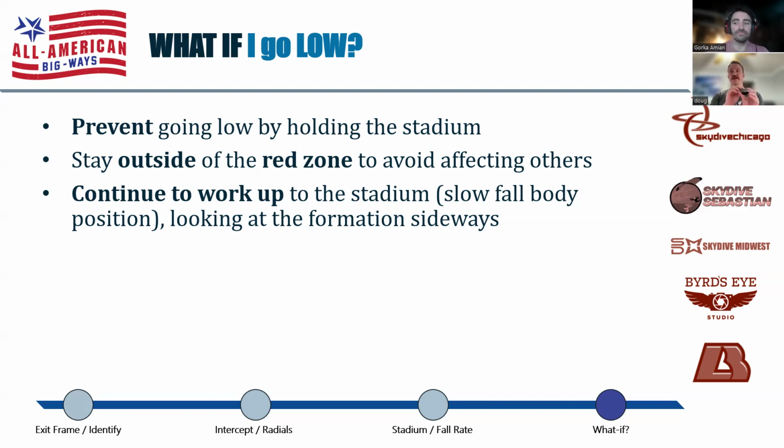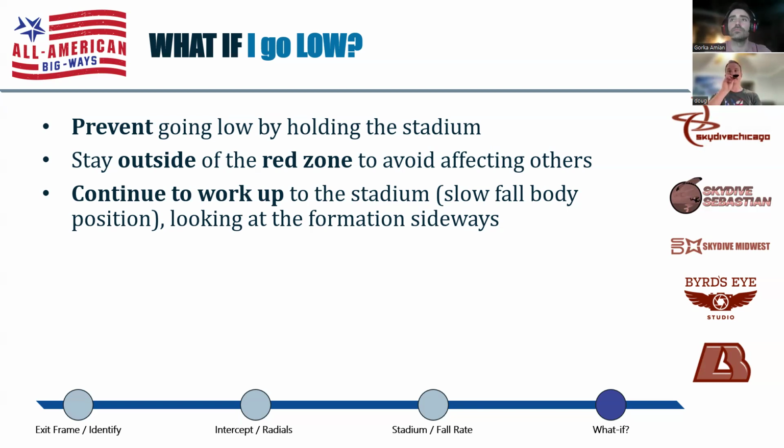So imagine that the camera is the base, and this remote that I have is the person. What we mean by sideways is like 90 degrees to the formation, because this is somebody's body. If this is their head and this is their legs, if they're now looking at the camera in this direction, that's going to help them maintain the slowest fall rate and the most drag that they can get and climb back into the stadium.